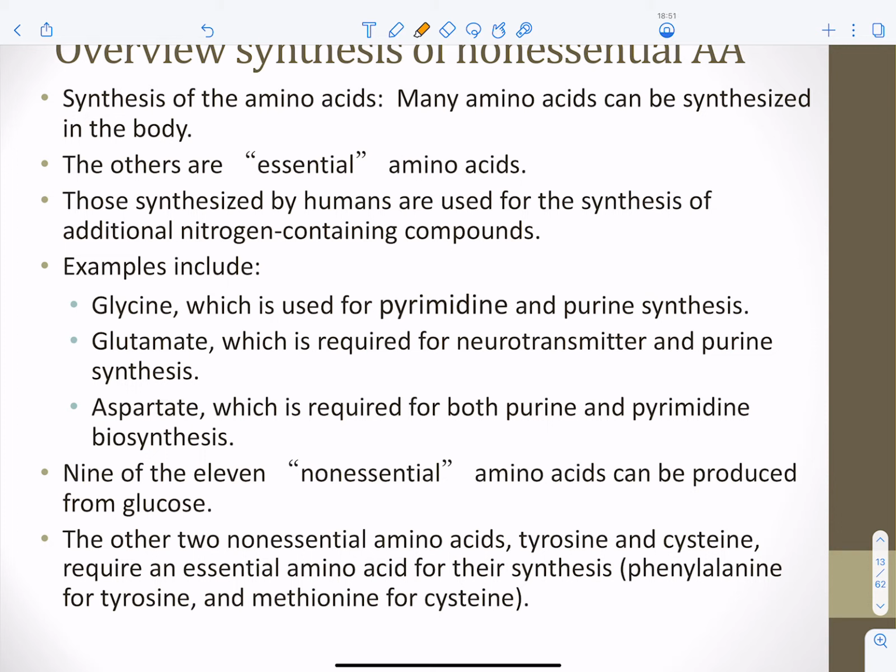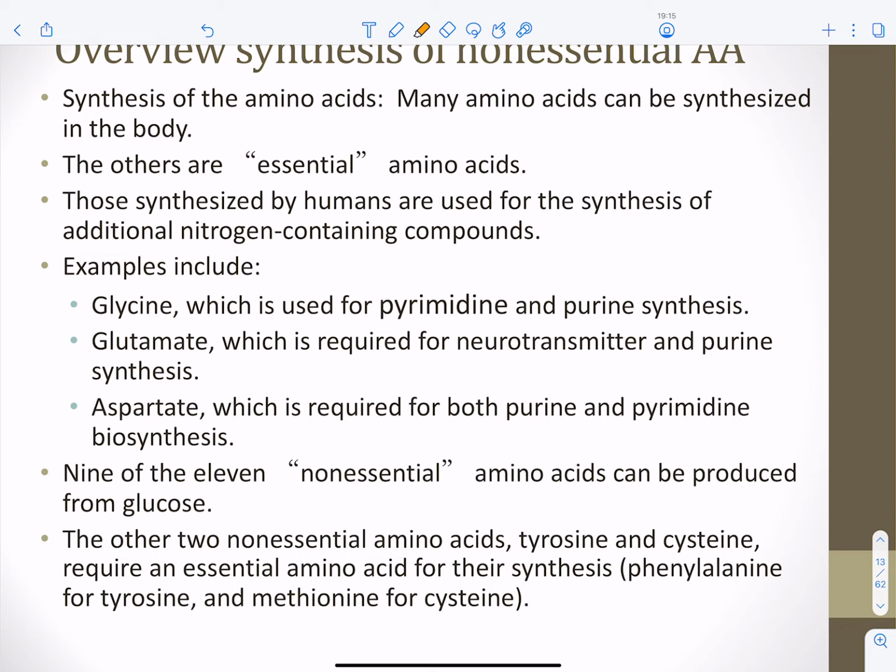Some other examples for amino acid usage is for the production of pyrimidines and purines. So glycine, glutamate, and aspartate all have some sort of role in either purines or pyrimidines. We also have glutamate, which is an excitatory neurotransmitter, which is important for communication in the brain in general.